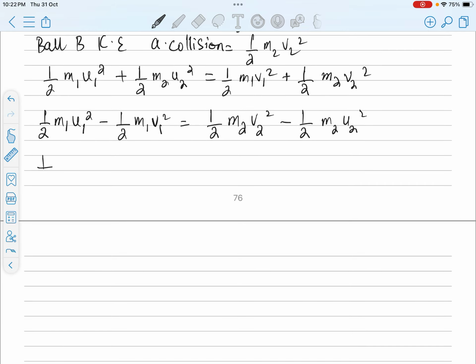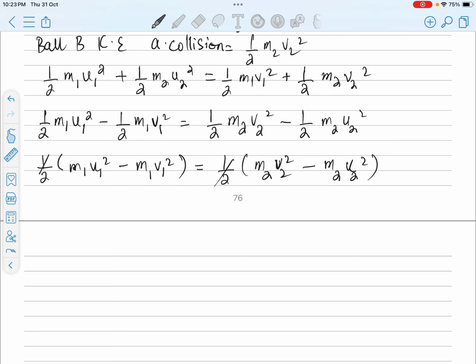I take half common, m1 u1 square minus m1 v1 square. Half common is here as well, m2 v2 square minus m2 u2 square. Half and half cancel.